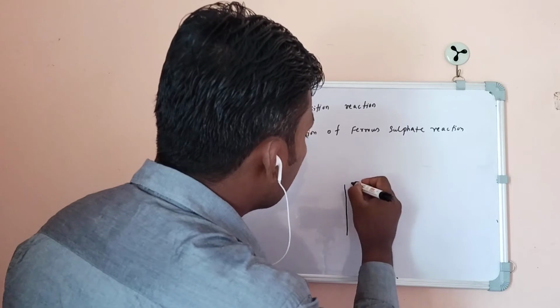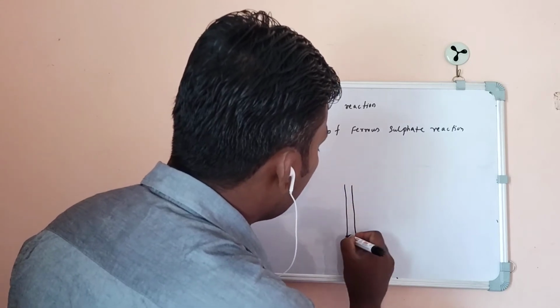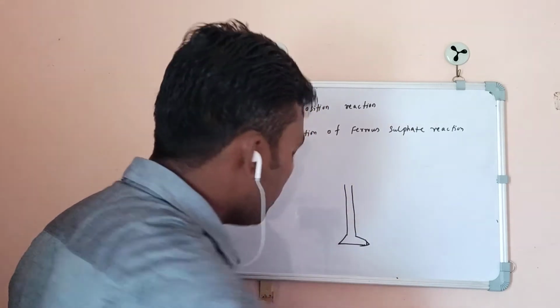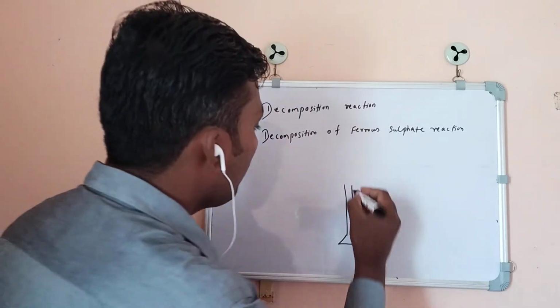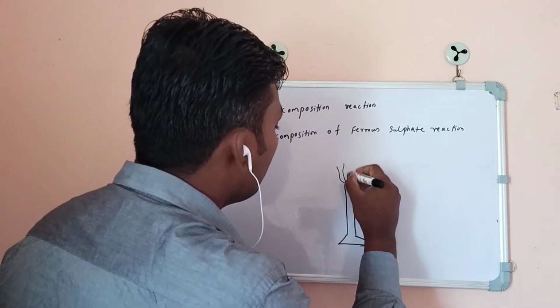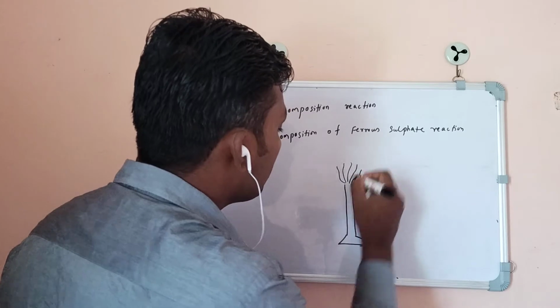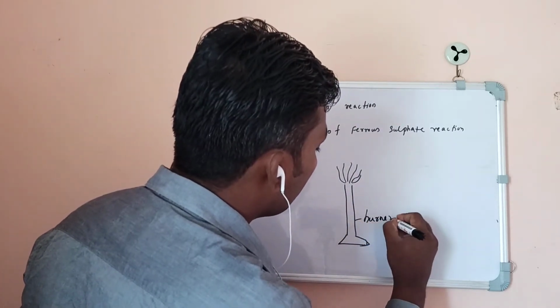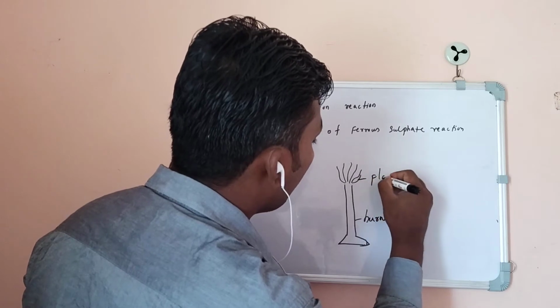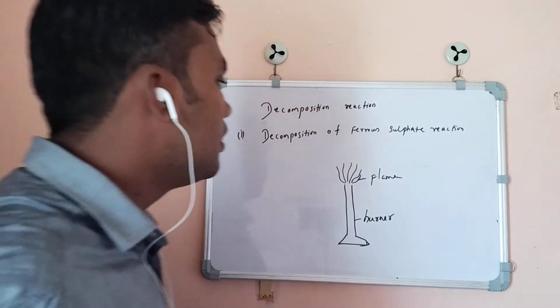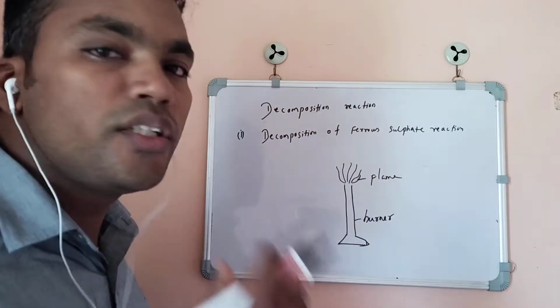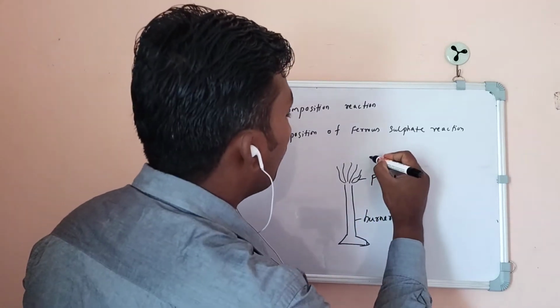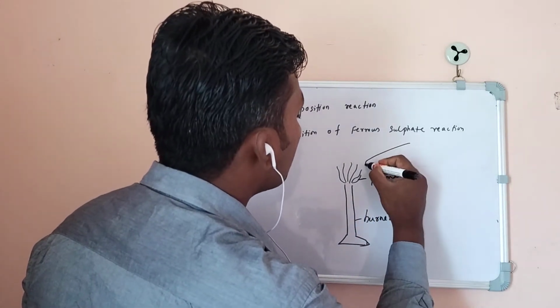In your school laboratory you can see a burner. Switch on the gas. This is the burner, and this is the flame. Take one dried test tube.